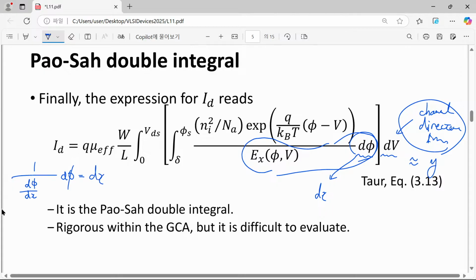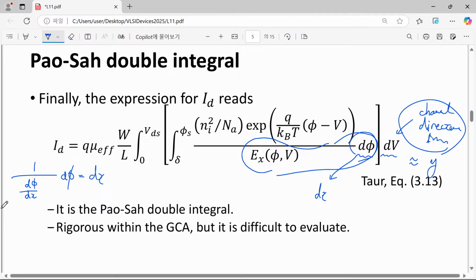So simply speaking, when you have a look at this Pausa double integral, at first glance you feel that, oh, this is too overly complicated. But if you just have a look at it step by step, then you find that this is nothing but just two-dimensional integration of your current density.